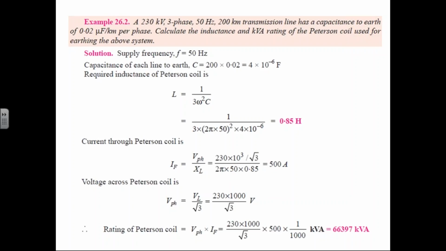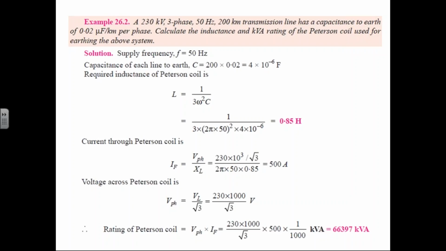Now in the same manner, we have already calculated the per phase voltage, but here they are once again explaining the per phase voltage, which is nothing but line voltage divided by root 3. Line voltage is 230. So there is no need to get confused while going through the problem. If they define a three-phase system with some voltage magnitude, that voltage magnitude represents the line to line voltage RMS value.